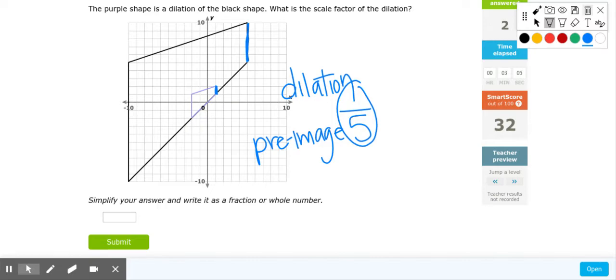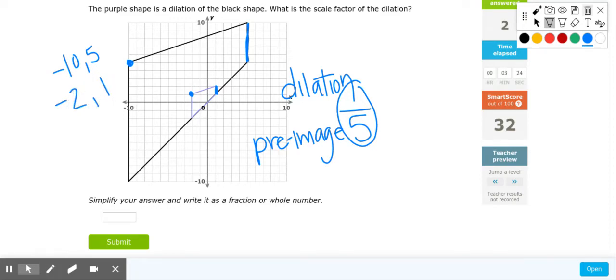When you look at that scale factor, you also can look at points. This point here is -10, +5, and its corresponding or matching point is here at -2, +1.